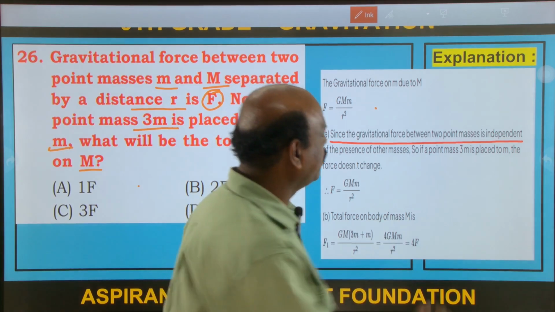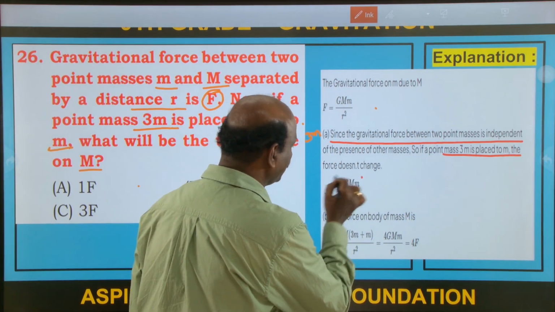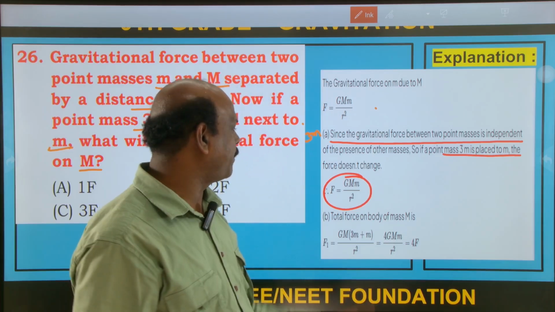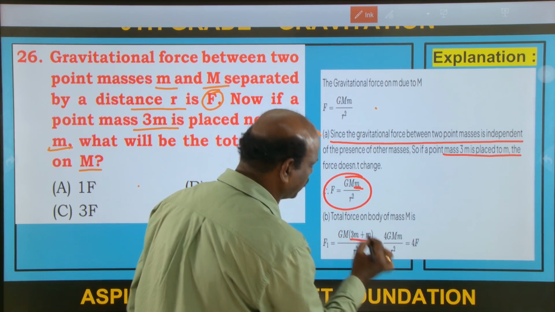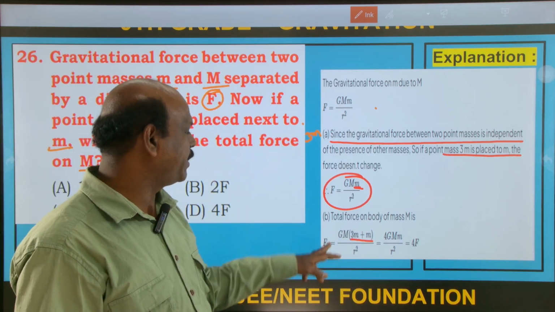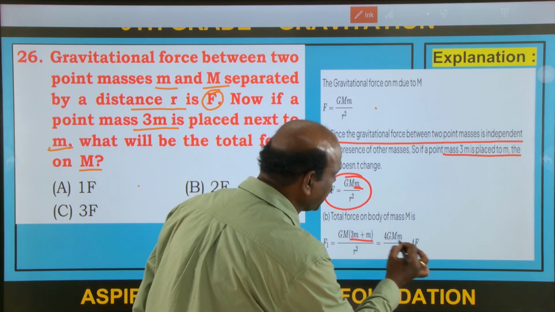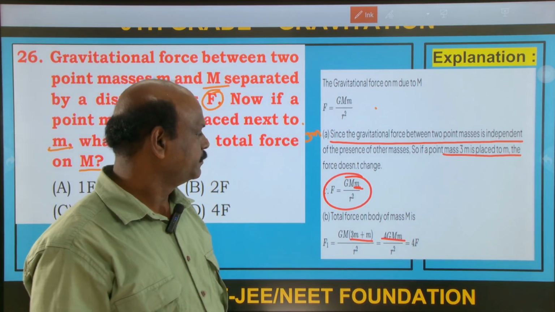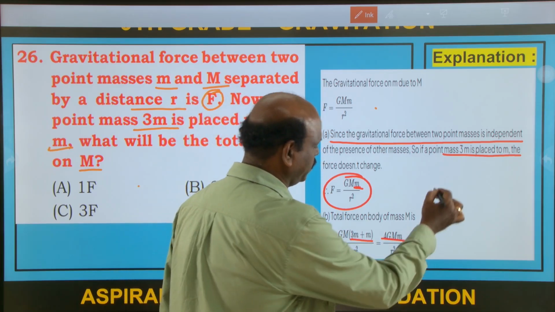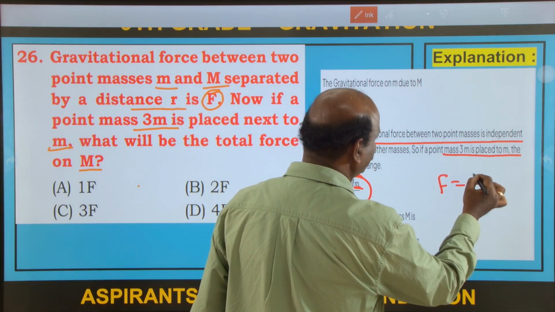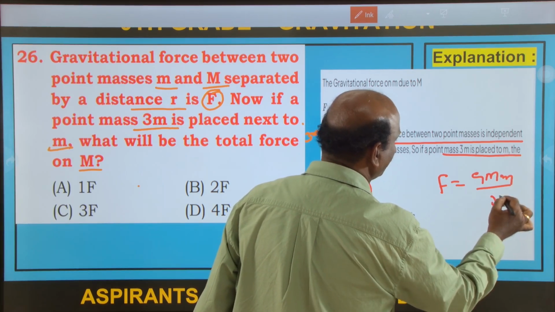So when the point mass 3m is placed, if you take the same formula, F is equal to G into capital M into small m by r square, where at m we are adding 3m mass. So finally it will become G into capital M into 3m plus m, then it will become 4 G M m by r square, where we know that already F is equal to G M m by r square.